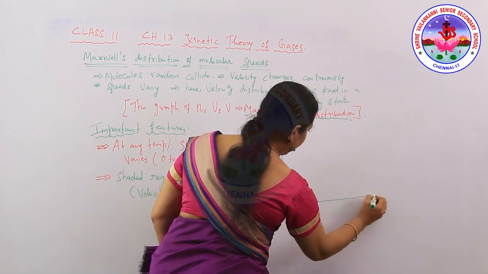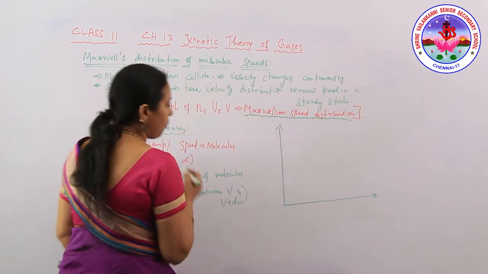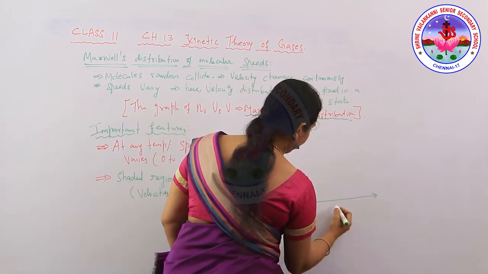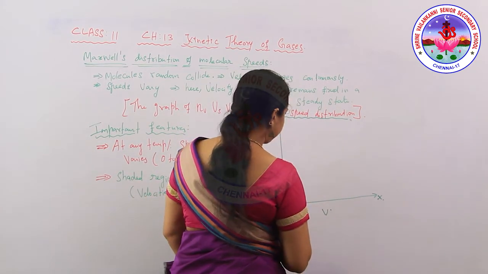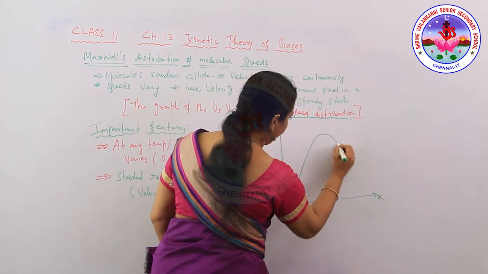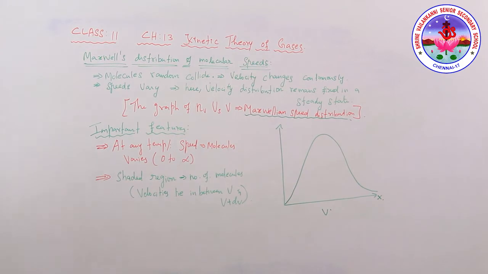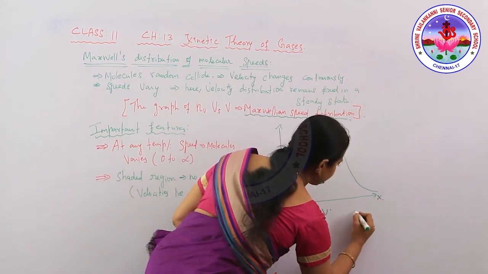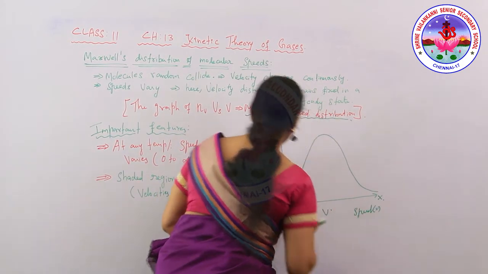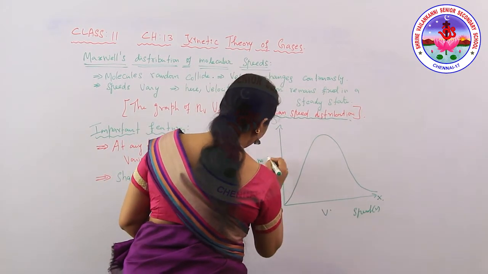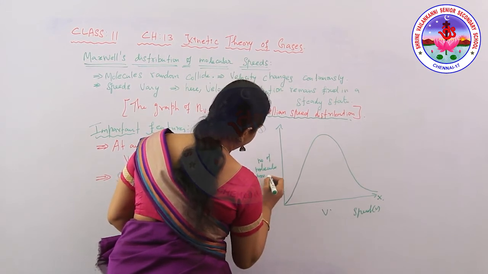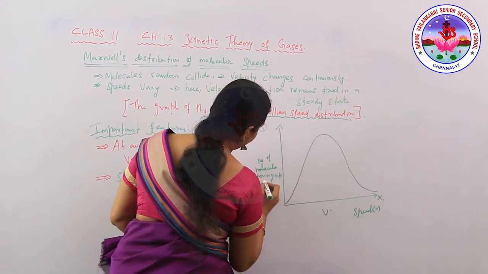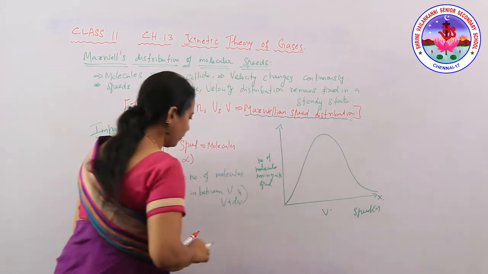The Maxwellian speed distribution curve shows how the molecular speed varies. Here on the x-axis we have taken the speed V, and here we have taken the number of molecules moving with that speed. Both we have taken.